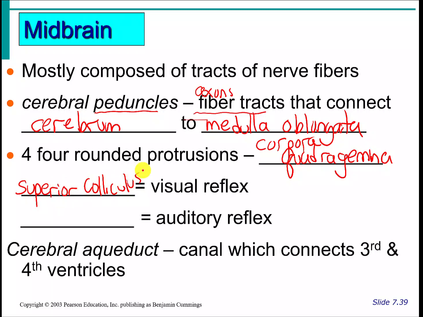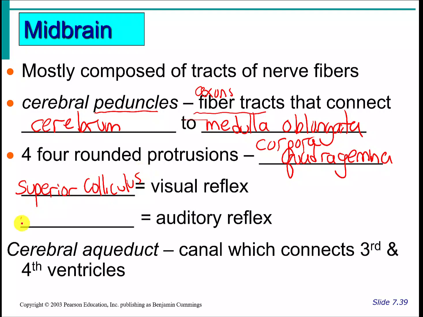For example, if a ball was flying towards your face, you would blink. So a reflex is a rapid response to a stimulus, which is involuntary. And so when you blink, you're not thinking, oh, a ball is flying towards my face, I better shut my eyes to protect myself. You're not thinking at all. It just happens so fast in response to a visual stimulus.